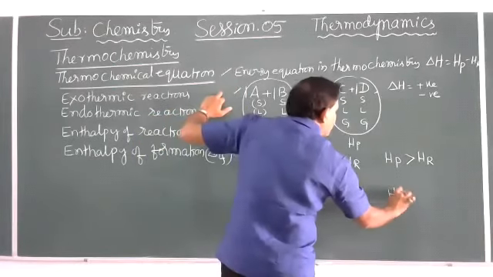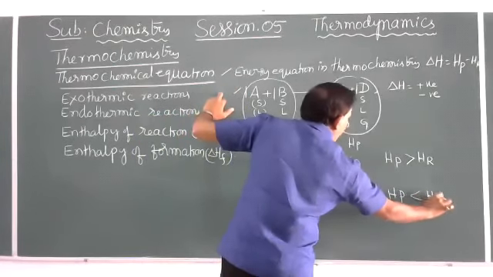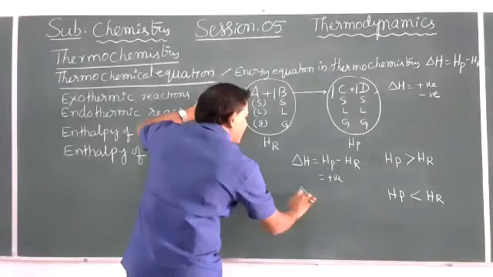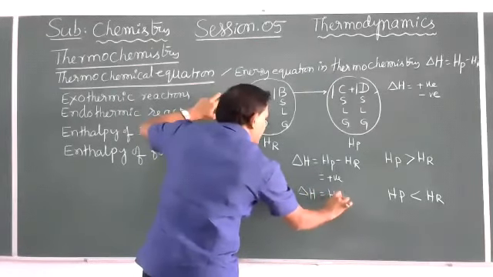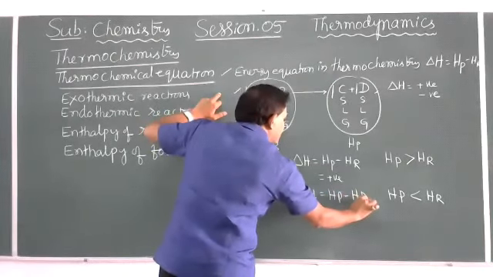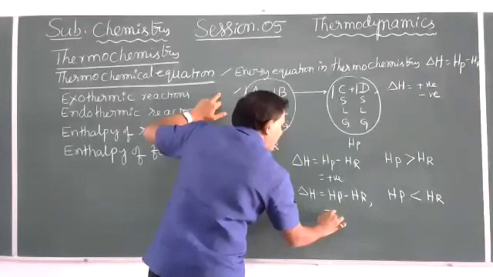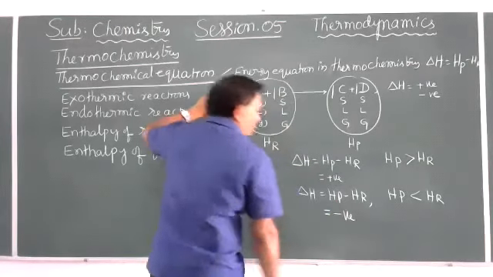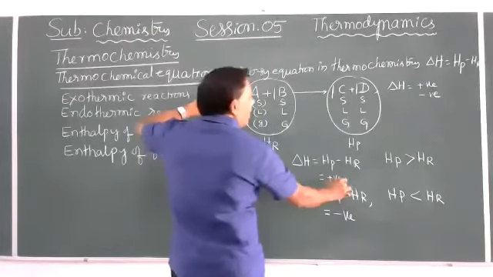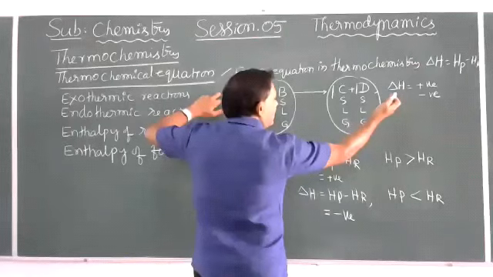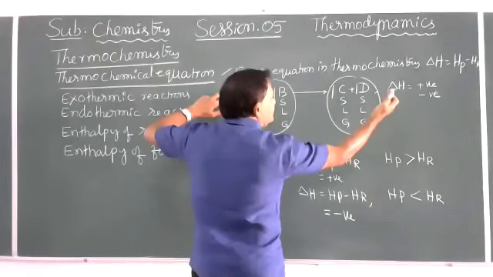If HP is less than HR, then delta H equals HP minus HR, which gives a negative value. That's why heat is liberated in some cases and absorbed in others.